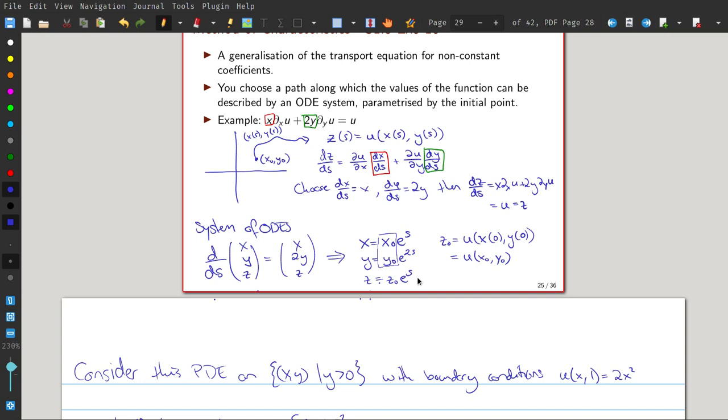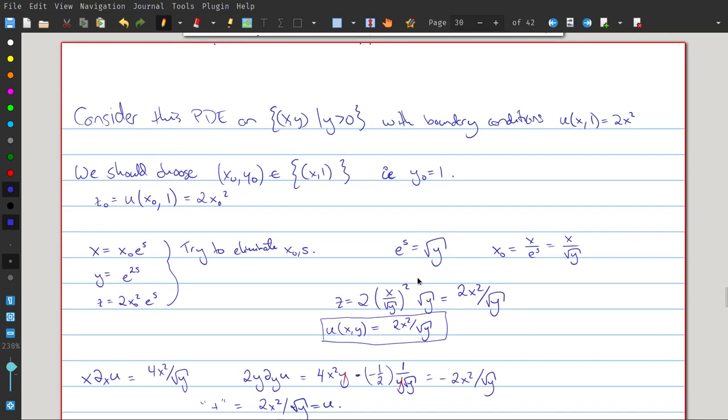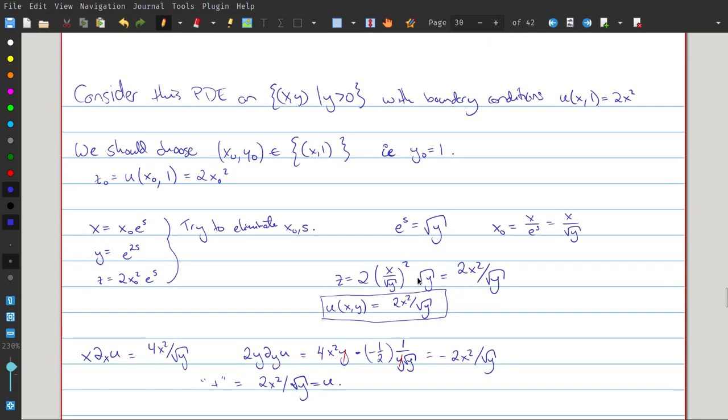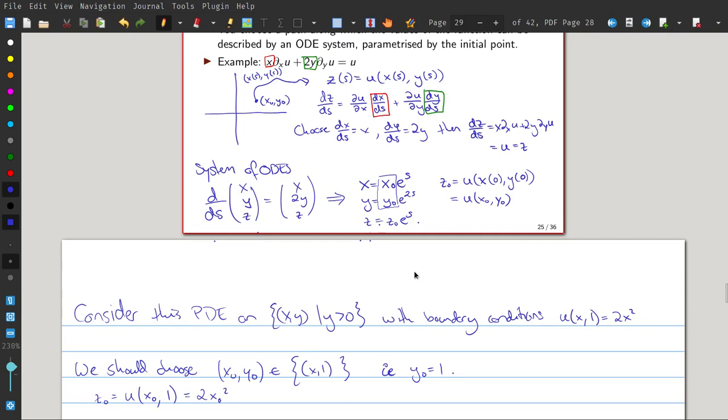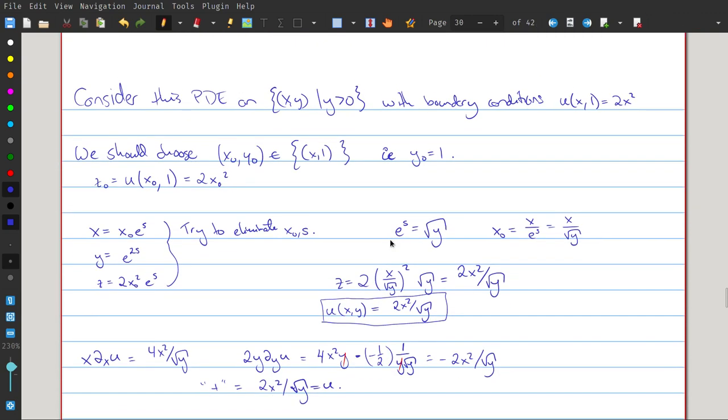You rewrite the partial differential equation into the characteristics. And then in the second step, you use the boundary conditions that you're given for the problem to relate the initial point x0, y0 and z0 together. And often, by the nature of the boundary conditions, one of the initial points will be determined.